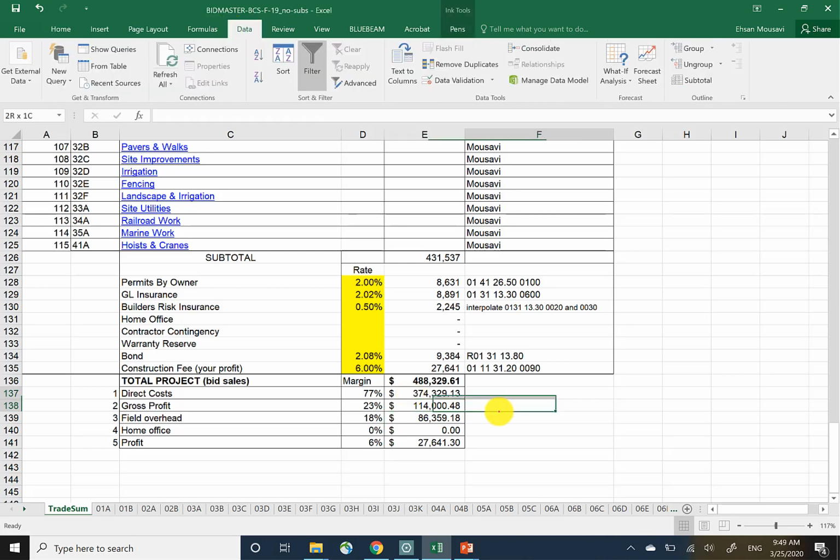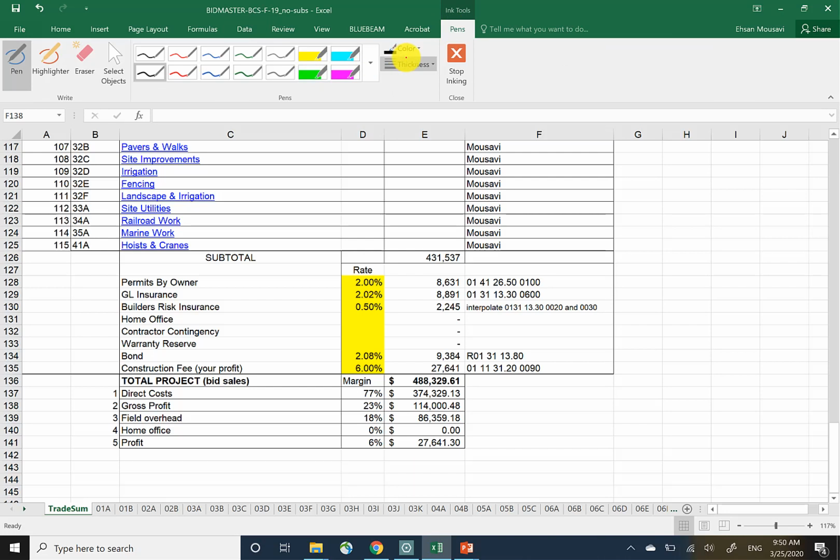So we have it. So I will also know that indirect cost, I will know that direct cost plus my gross profit is going to make the total bid sales.